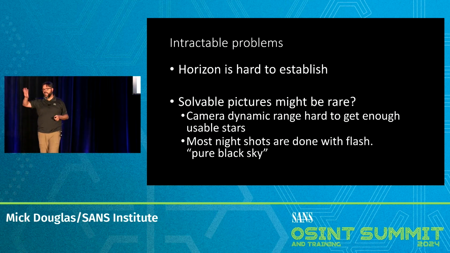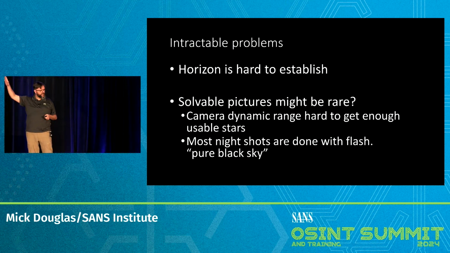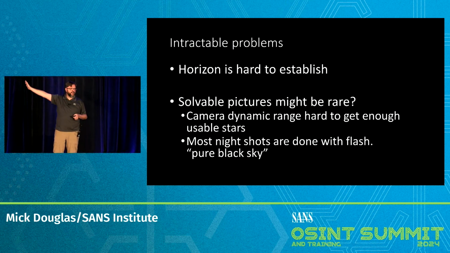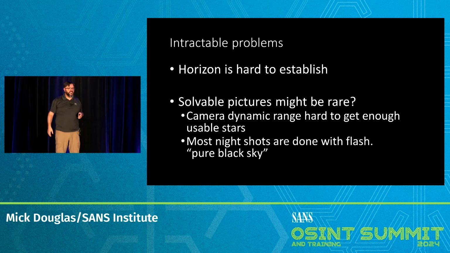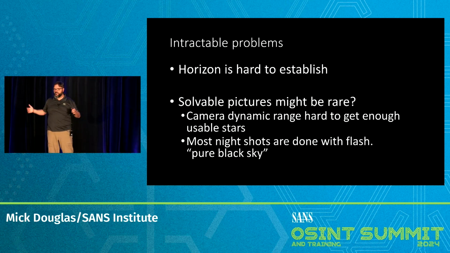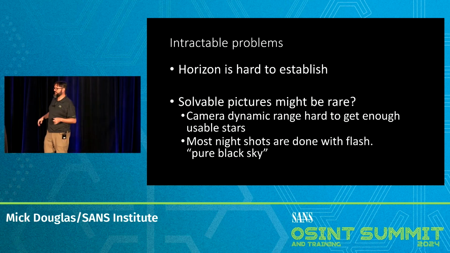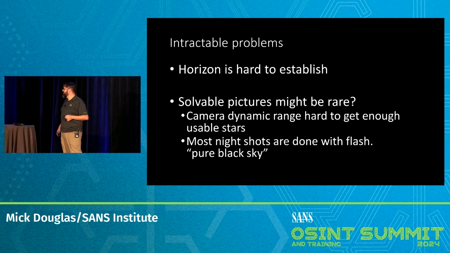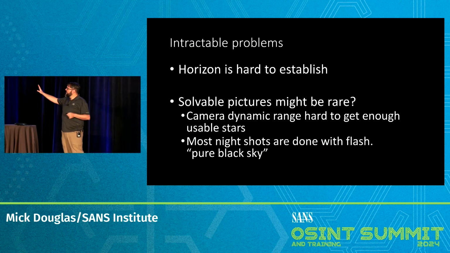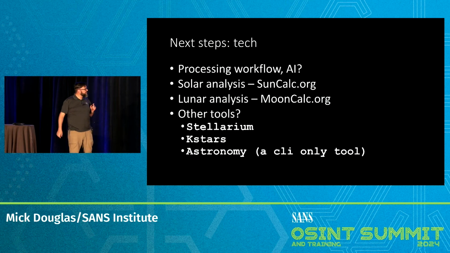The flash will blast out the weak light of a star, and you get a pure black sky. This isn't like the CSI shows where you can just shout enhance at the monitor a bunch of times and stars all of a sudden pop into existence. So these things might be intractable problems.